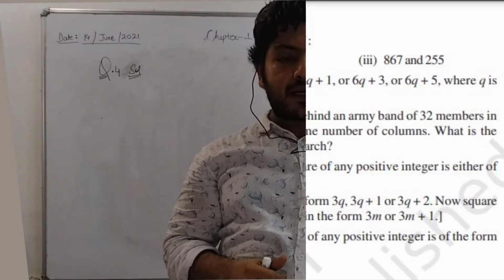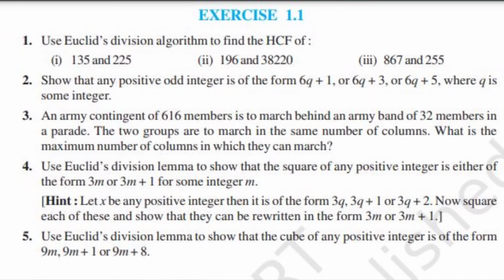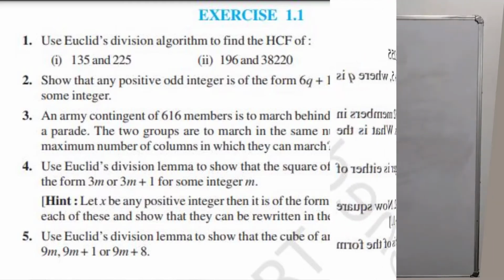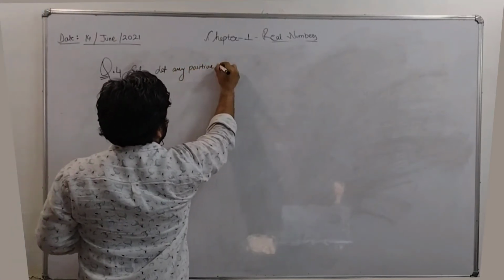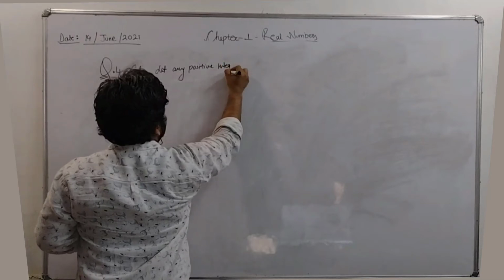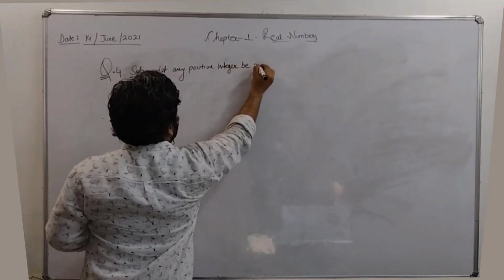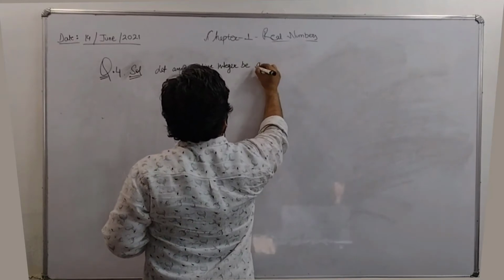Fourth question states, you can see in your books, use Euclid's division lemma to show that the square of any positive integer is either of the form 3m or 3m plus 1 for some integer m. So what we have to show now is that the square of any positive integer, right? So that is what we have been given. Let any positive integer be a.